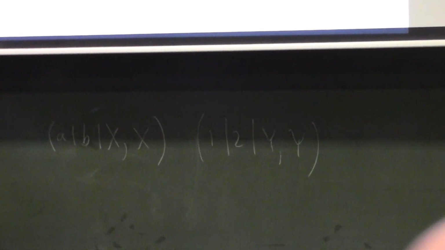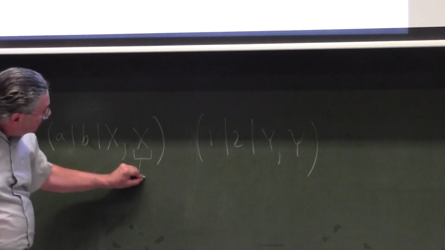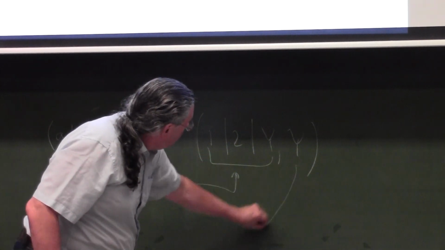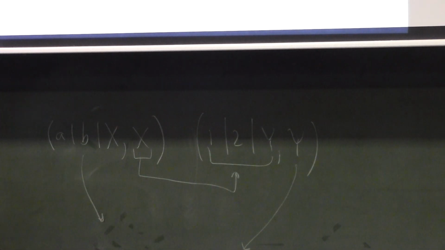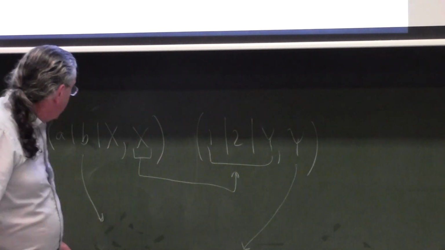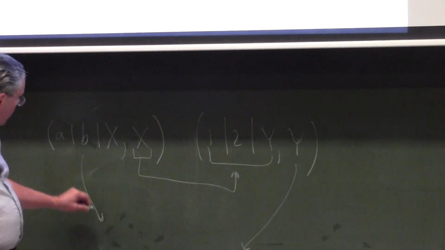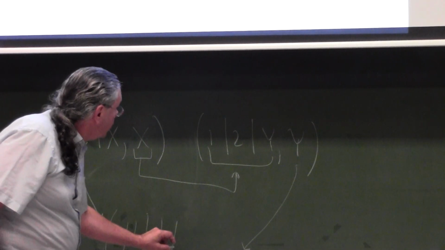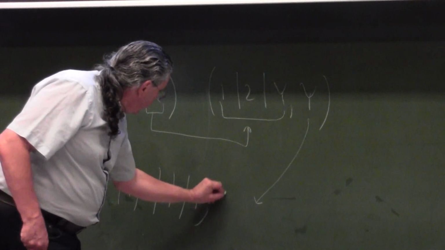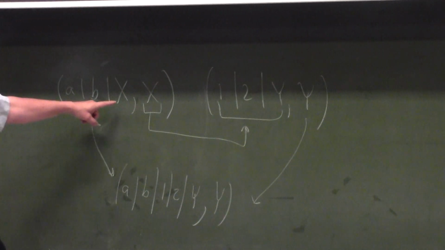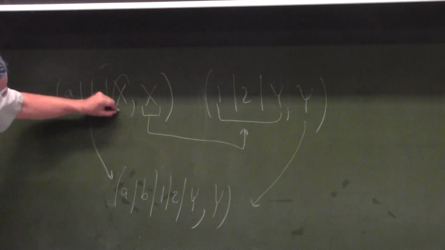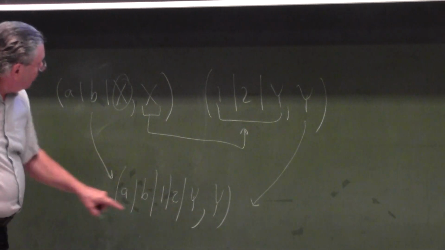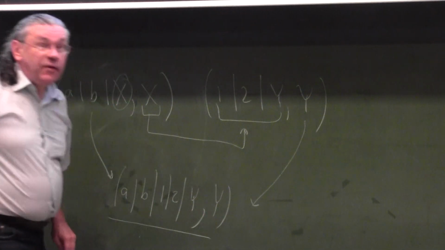If I want to append them, I will bind the X to 1, 2, Y, and then I will take the two exterior guys, the first one here and the last one here. So if I bind X to 1, 2, Y, then I will get A, B, 1, 2, Y, and here I'm using Y. You see, I've actually appended, because the X is also here, I've appended 1, 2 to A, B, and the result is a new difference list.